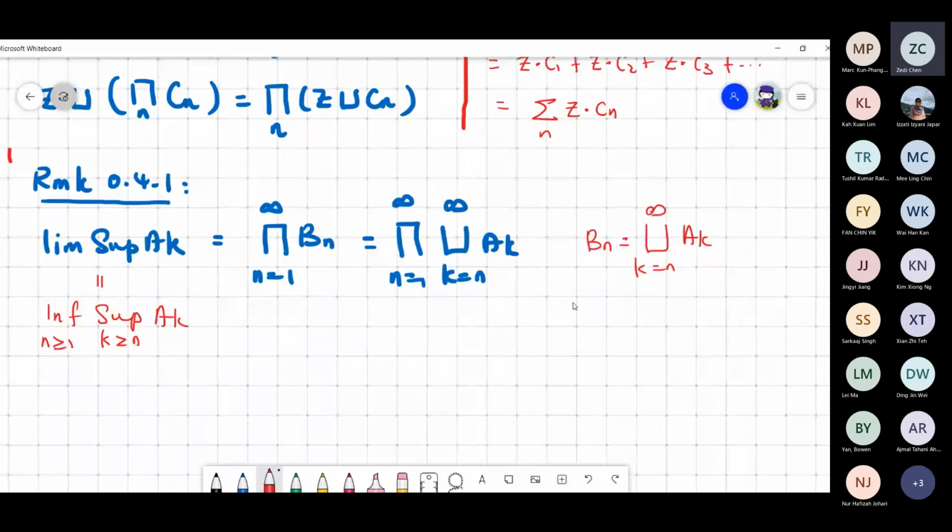Right, so that's why this can be written as an infimum over n. Maybe if you want, you can use some non-standard symbols. So you can say the intersection will be the infimum, n from 1 to infinity. And the union, in a way, you can say means the supremum, k running from n to infinity.